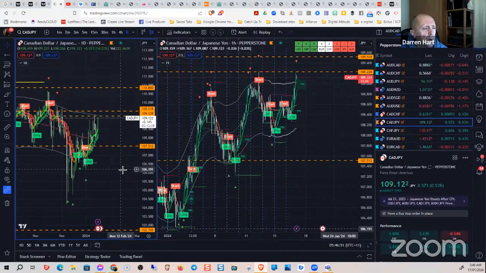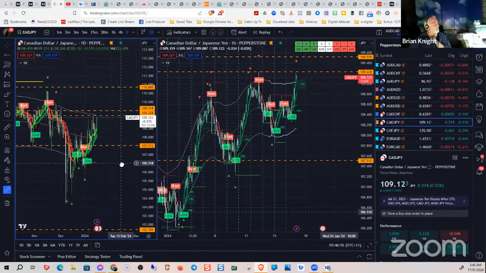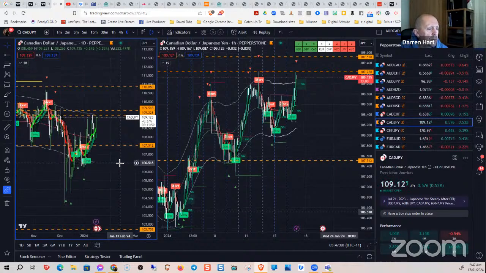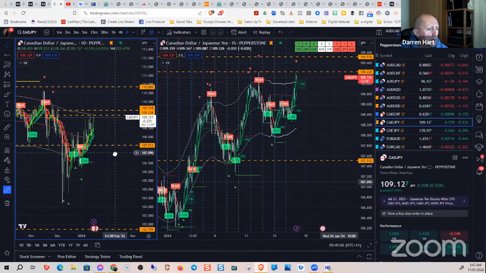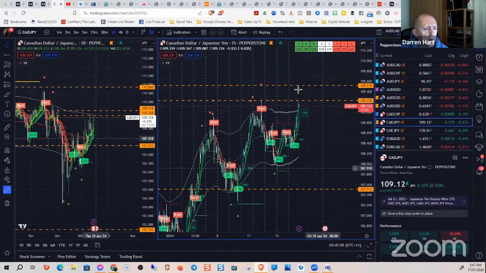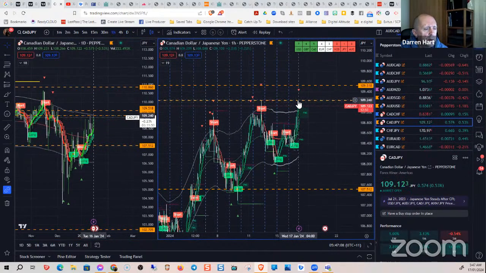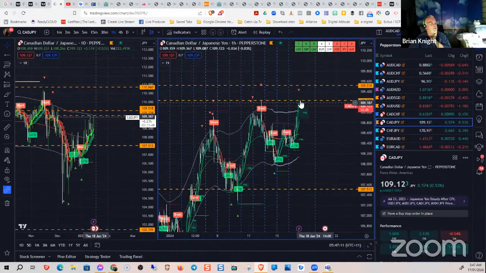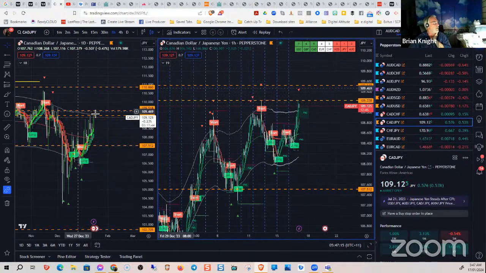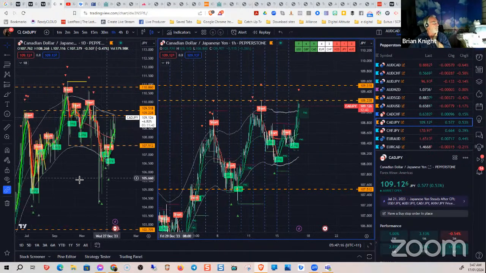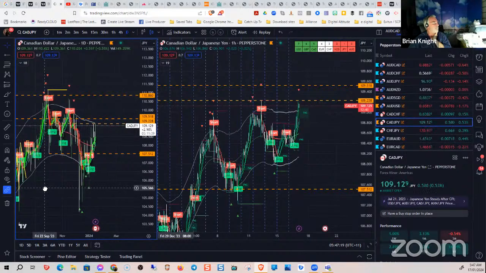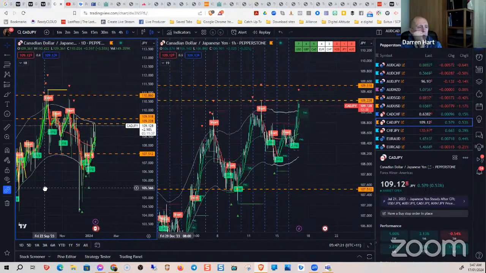It's got a bit further to go on my settings, but I'm in it for the buy. See, it's come up to this 175 pips. Yeah, it's come up to this point and equaled, and now it looks like it's pulling back to get ready to go back up that little bit higher. I think it'll continue to work its way up, that one.